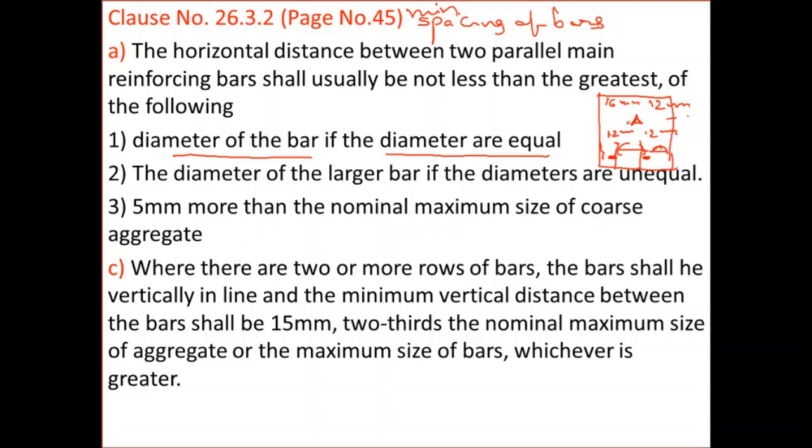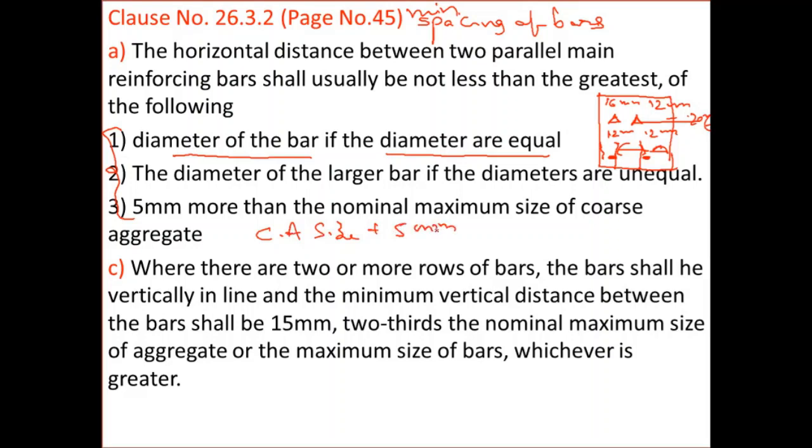Then the horizontal distance between two parallel main reinforcing bars shall usually not be less than the greatest of the following: the diameter of the bar (the larger bar, or the diameter if all bars are equal), or the nominal maximum size of coarse aggregate plus 5 mm.